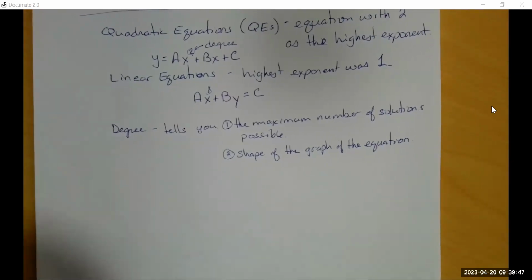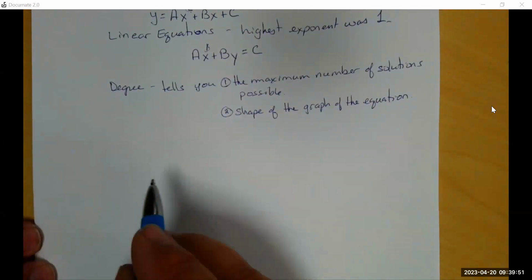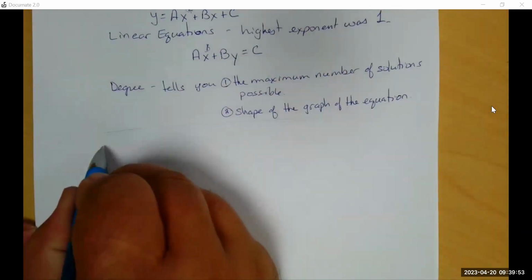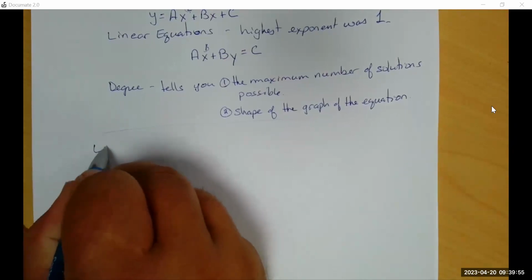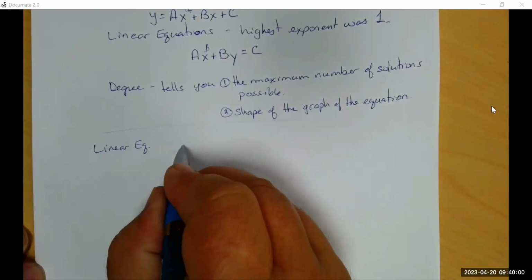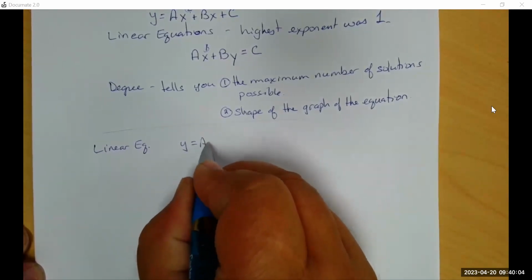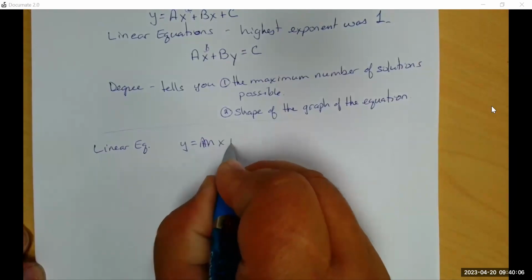So the degree tells us how many solutions. So for example, a linear equation: mx plus b.